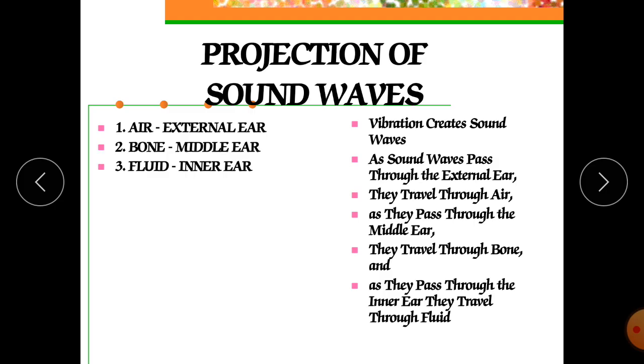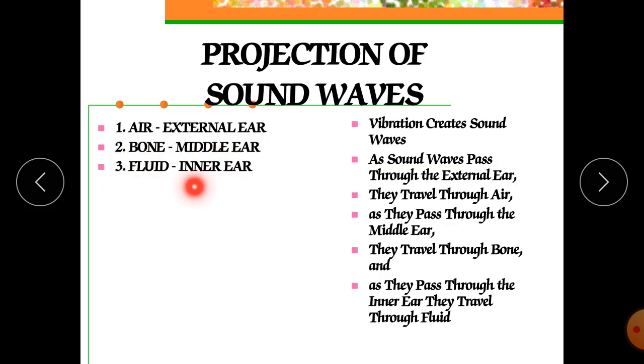So in the projection of sound waves, simply, in the first step from the external ear the sound waves enter our ear, and in the middle ear the bones, the malleus, incus and stapes, vibrate and do their functions.